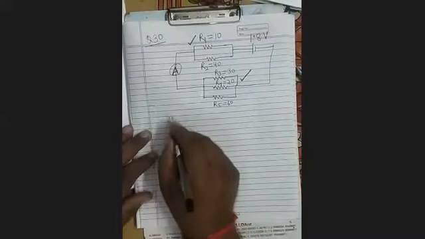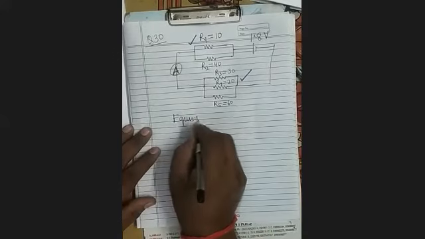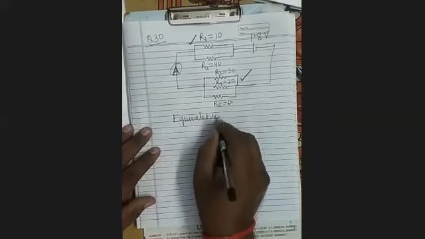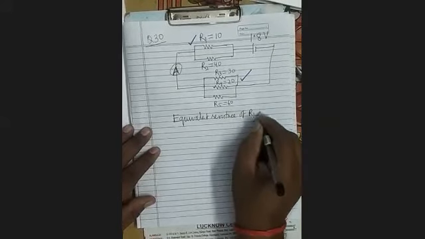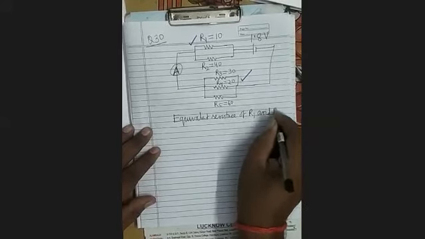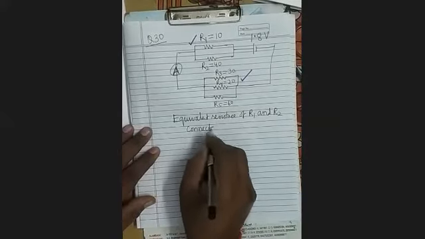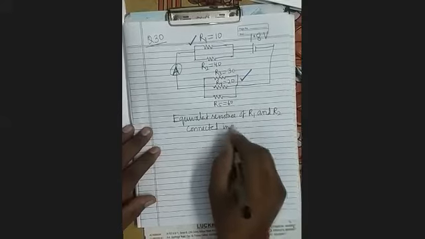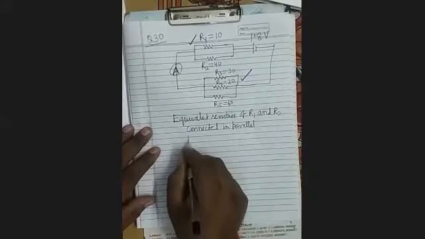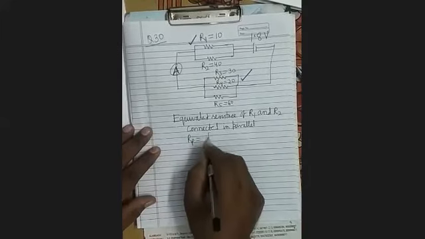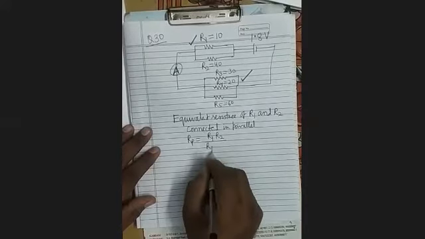So see here, equivalent resistance of R1 and R2 connected in parallel. So this is Rp equals R1 R2 upon R1 plus R2.